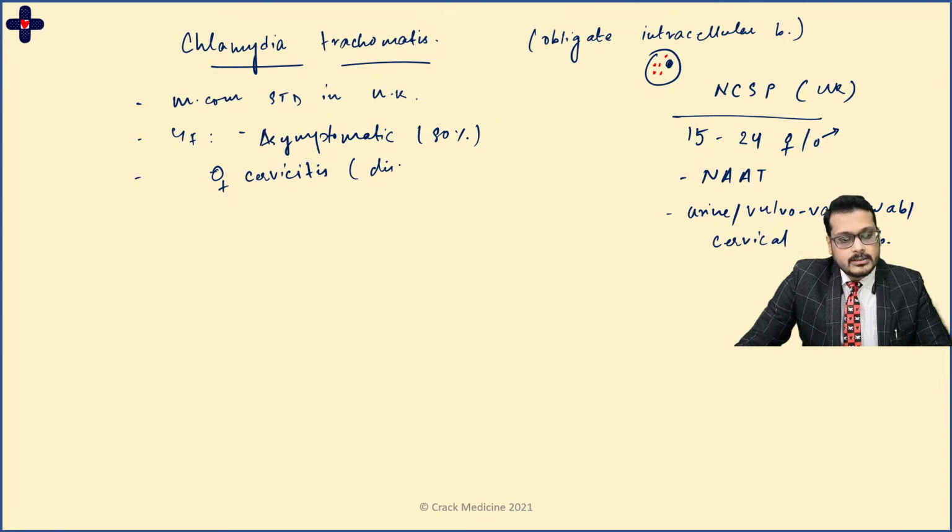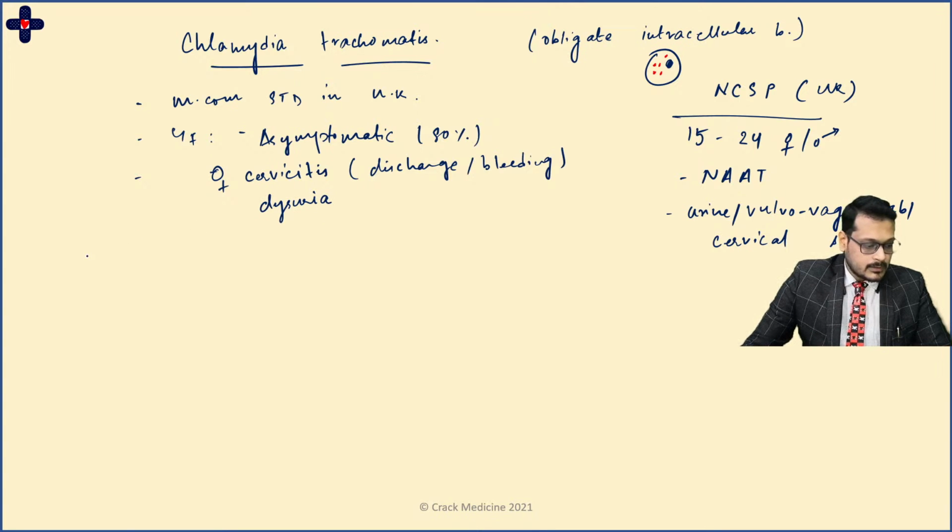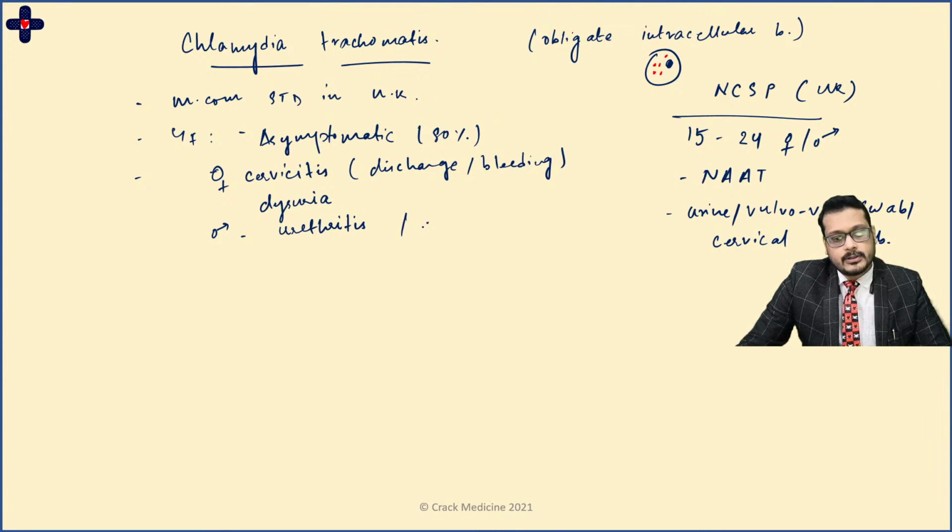So there will be a discharge, there can be bleeding also. These are the symptoms of cervicitis. Then there will be dysuria, and in males it's usually vague, but then it can be urethritis and dysuria.